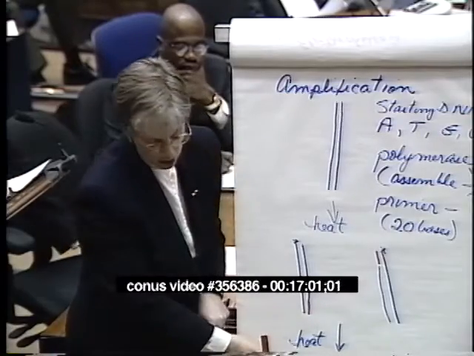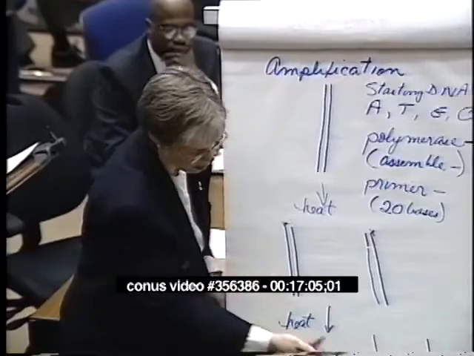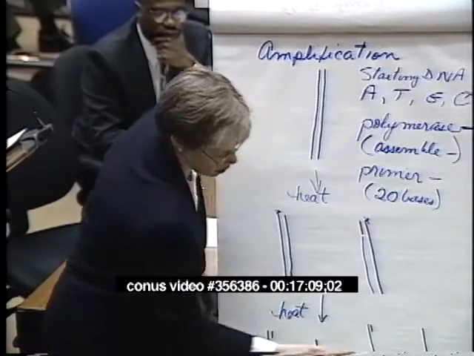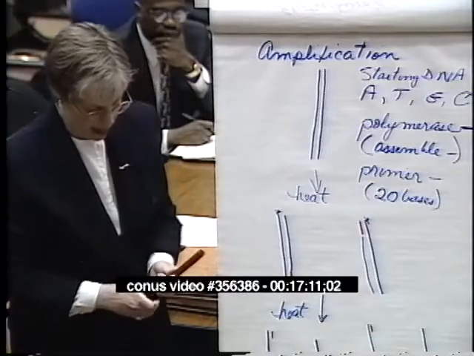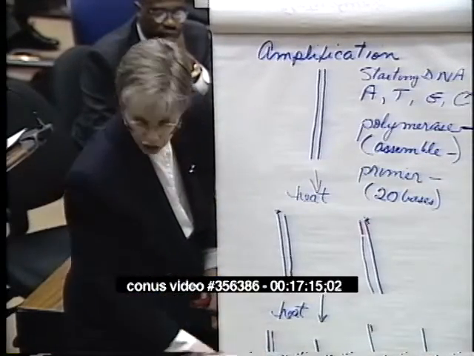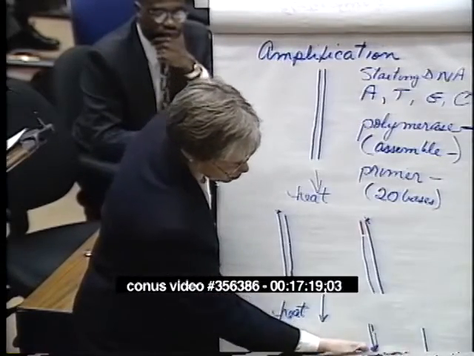Now I've just made these shorter because there's not enough room. They wouldn't really be shorter, they'd be the same length. And then allow the polymerase to finish off making the copy for each one of those.